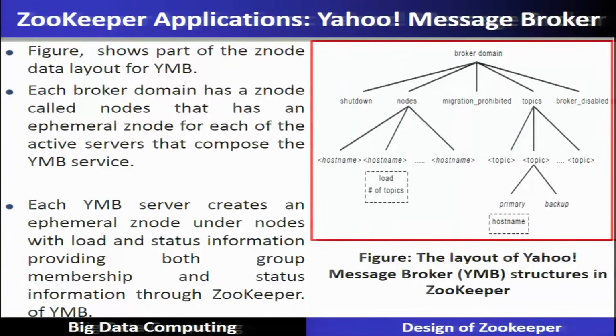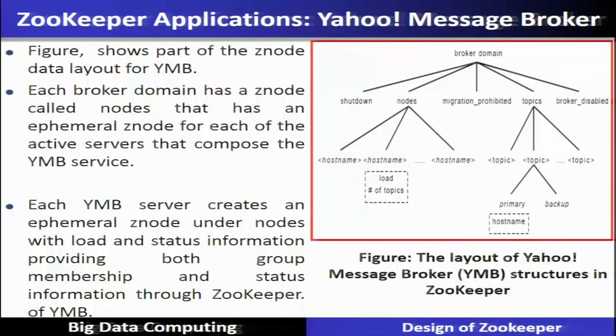So, this particular figure shows part of the Znode layout for the Yahoo message broker system. Each broker domain has the Znode called nodes that has ephemeral Znodes for each of the active servers that compose the Yahoo message broker service.